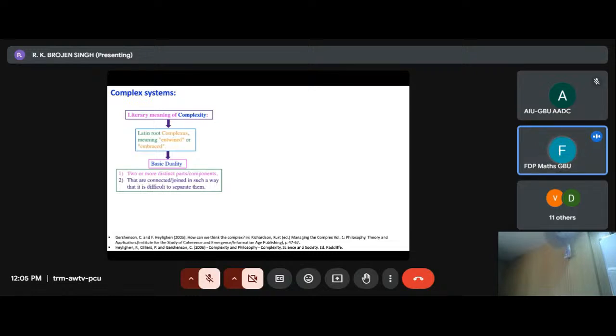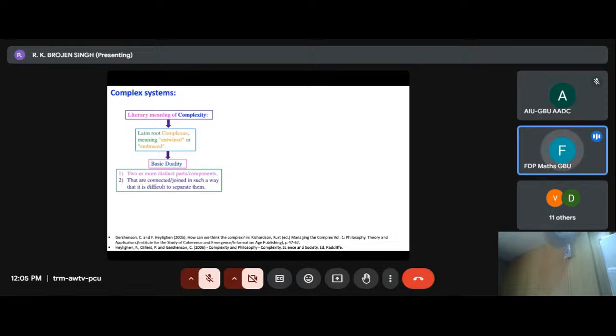And so this complex system should have at least two or more objects or classes of components, that are part of the construction of a particular system, so that it has different parts. Those parts or components are well-defined, and the construction is such that one cannot see those components as separate.